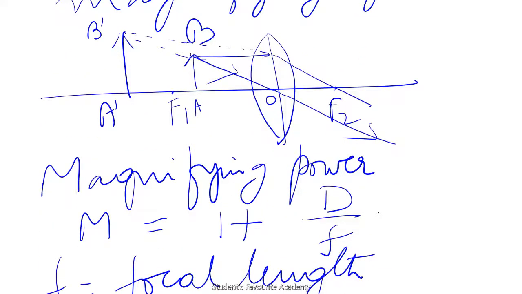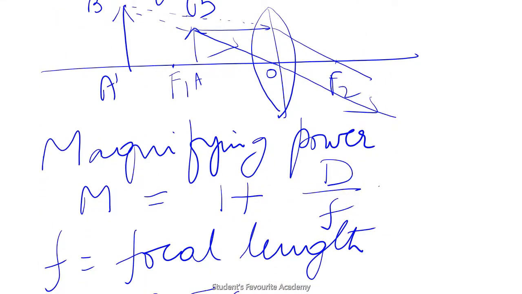So the lens is adjusted in such a way that the image formed by the lens is at the least distance of distinct vision so that the eye can see clearly.